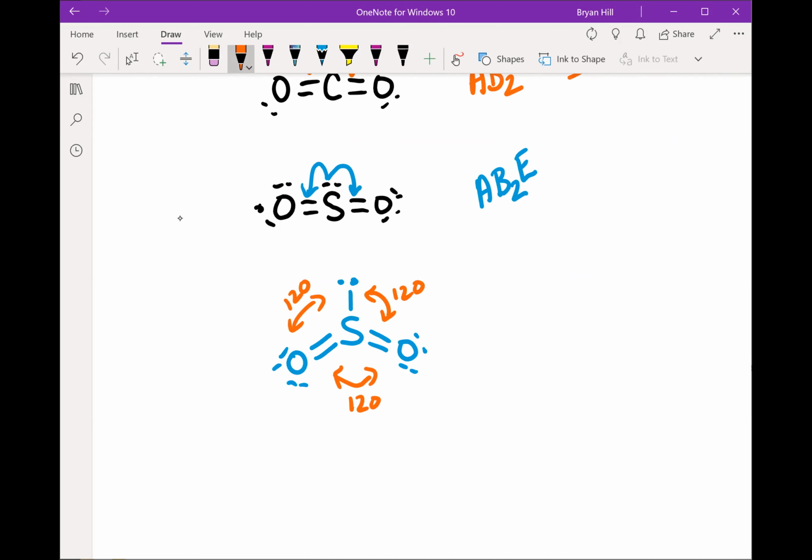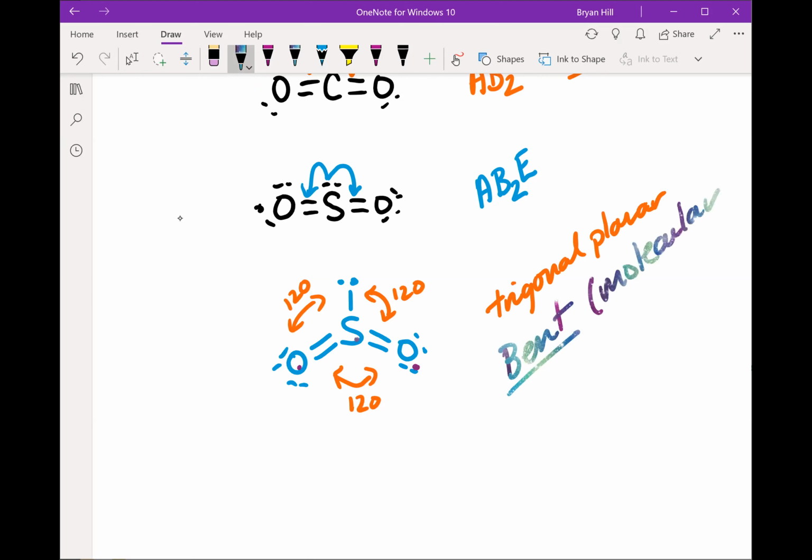So electronically, this would be trigonal planar. But if we're talking about the molecular geometry, here we've got oxygen, sulfur, oxygen. This should be bent as a molecular shape. So carbon dioxide, linear molecule. Sulfur dioxide is a bent molecule.